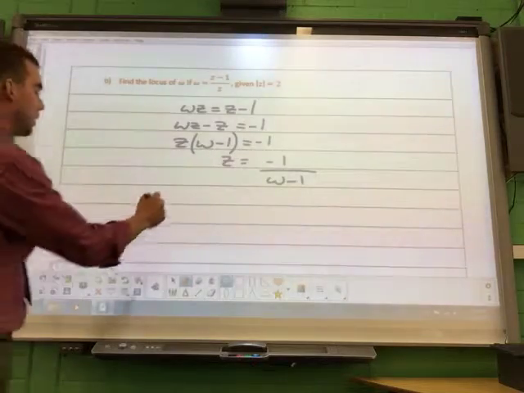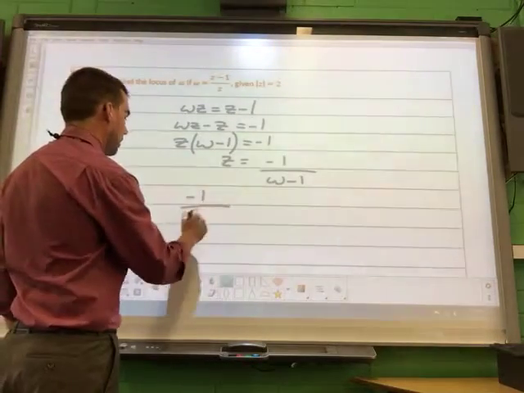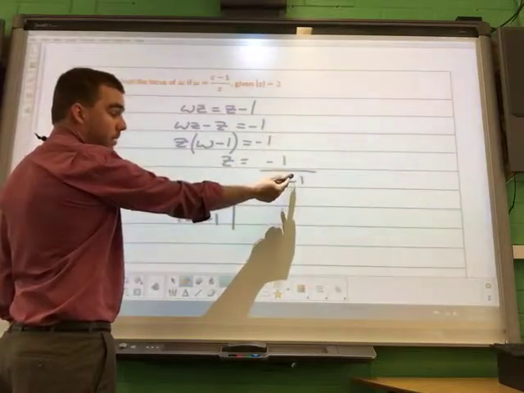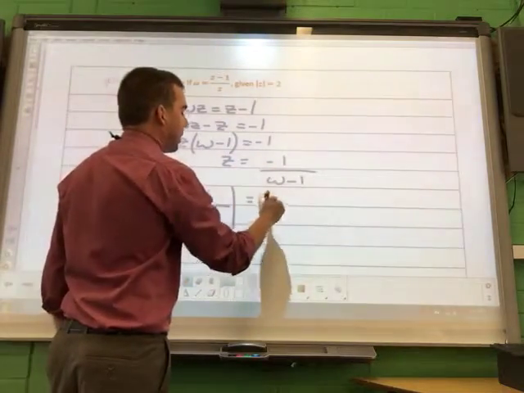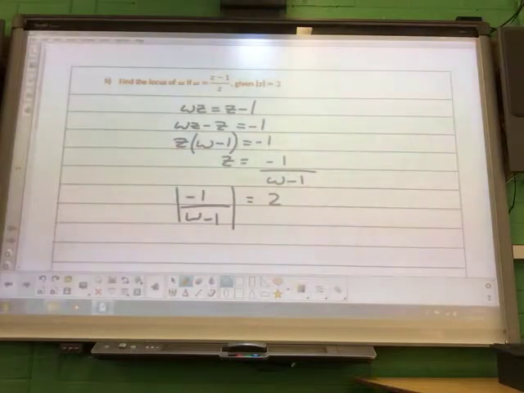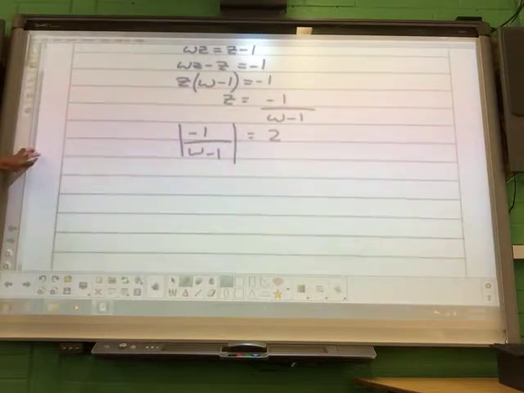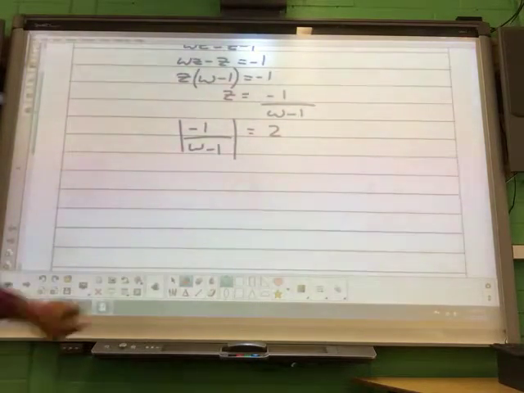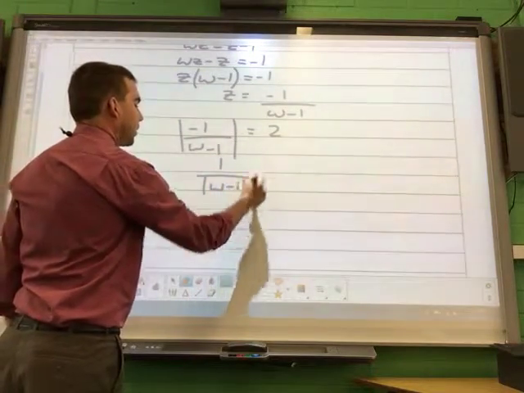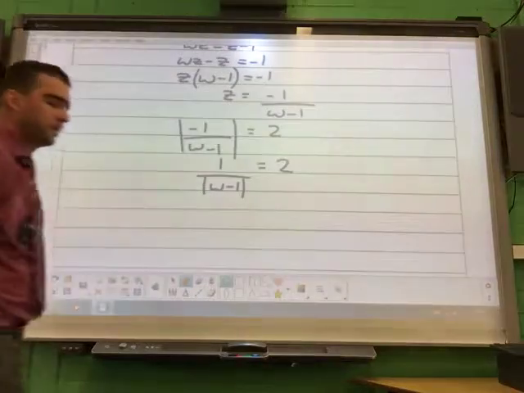Okay, so in other words, we take the absolute value of z, and we know it's 2. So in other words, 1 over the absolute value of omega take away 1 is 2.